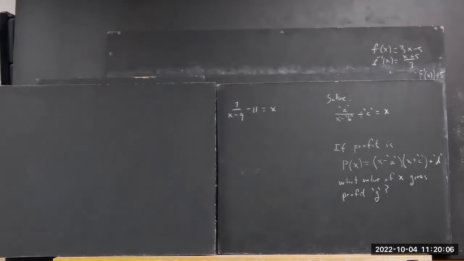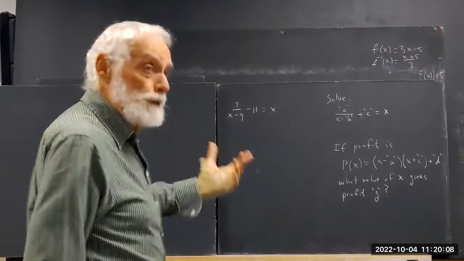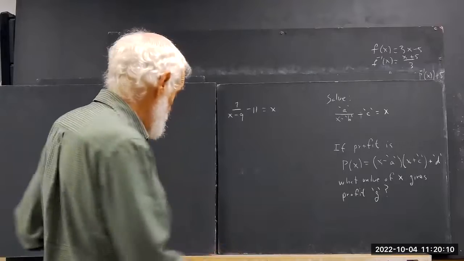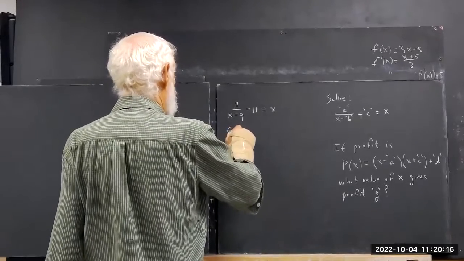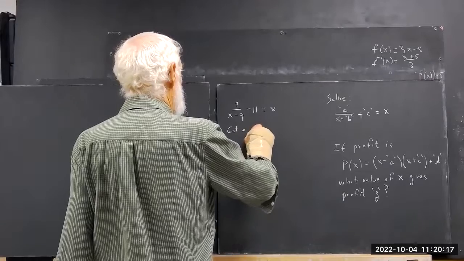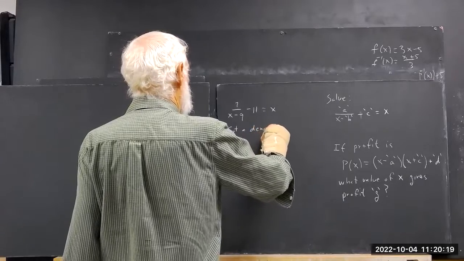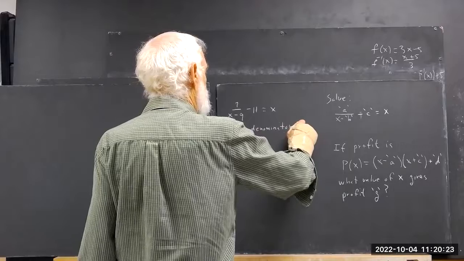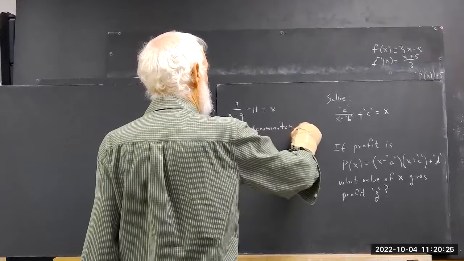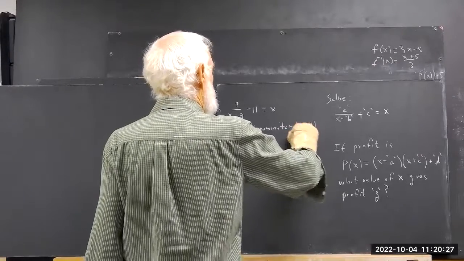In this case, you've only got one denominator, which is x minus 9.